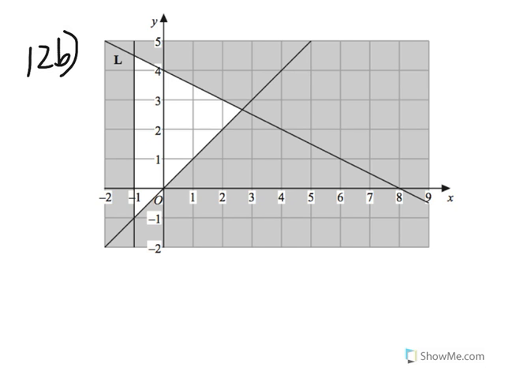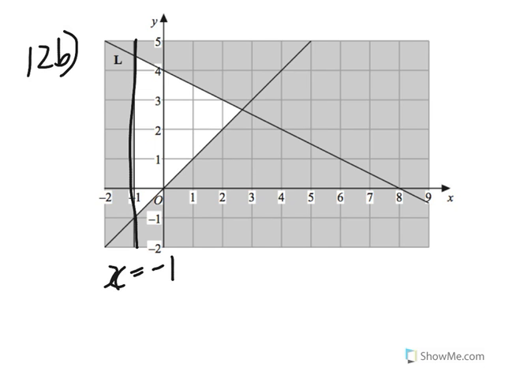Okay, question 12b, you're being asked to find the 3 inequalities that define the unshaded region, which is this region, in the diagram below. First of all, what I like to do normally when I do these questions is label each line. So over here, this line is x equals negative 1, right?